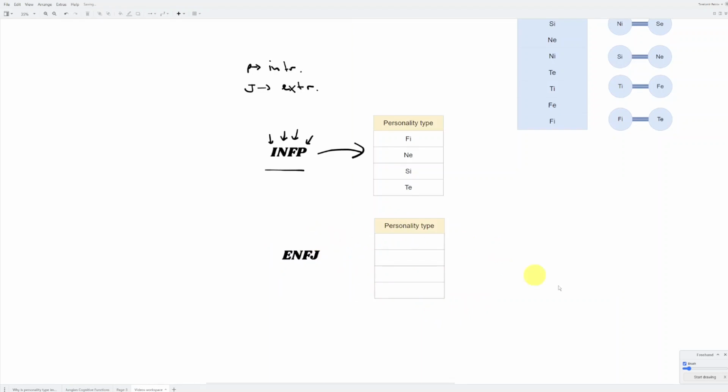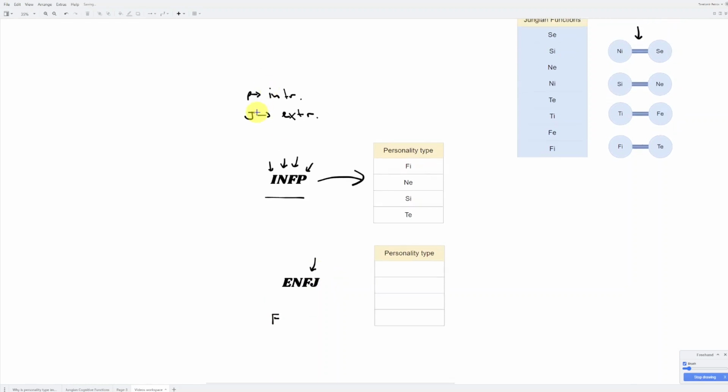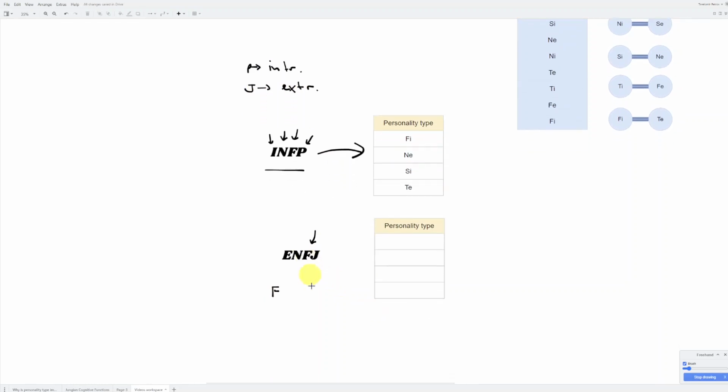Again, we start with the third letter. The third letter is a feeling one, which means that one of the top two functions is a feeling function. Then we look at the fourth letter, which is J here, and we know that J represents extroverted, and it is associated with the third letter.